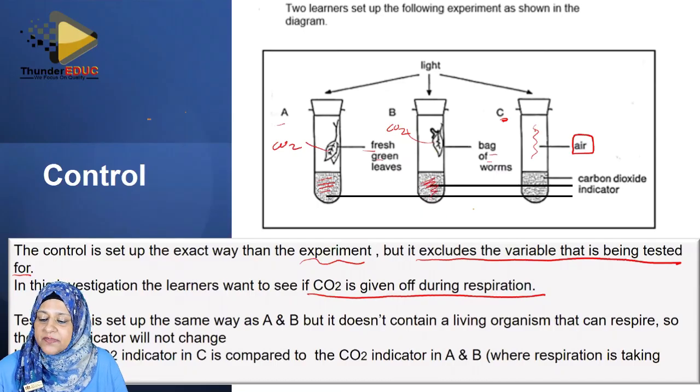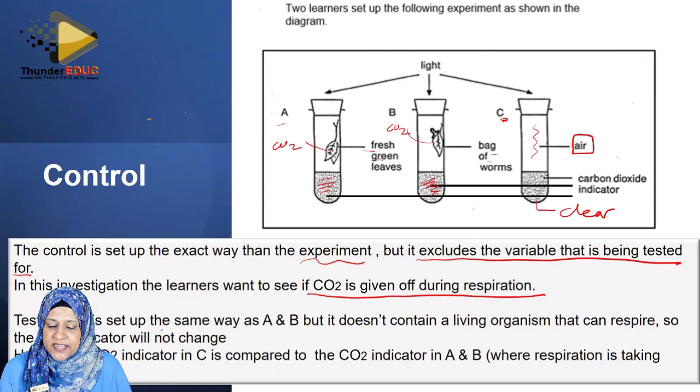But the air here was free from carbon dioxide and did not turn this clear lime water milky, because there was no respiration occurring, no CO2 was given off in this atmosphere here, and therefore this one was clear.